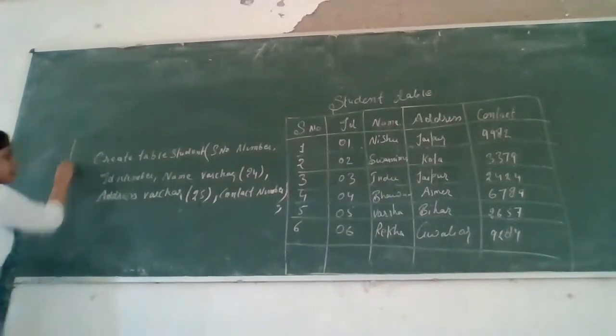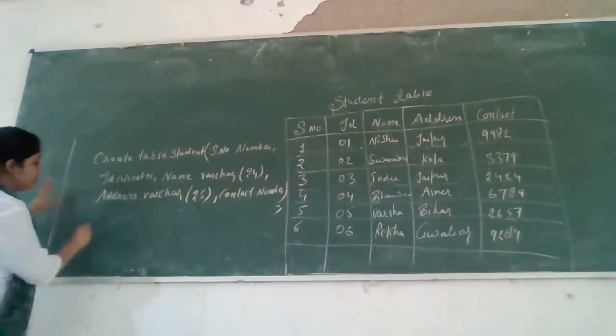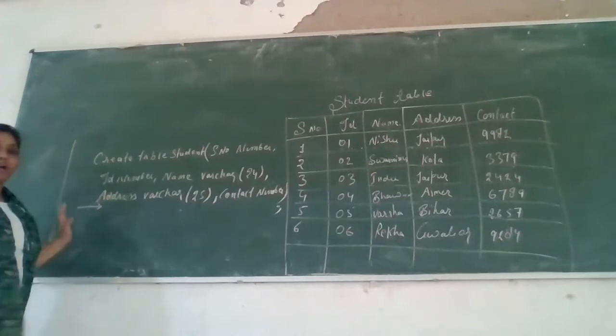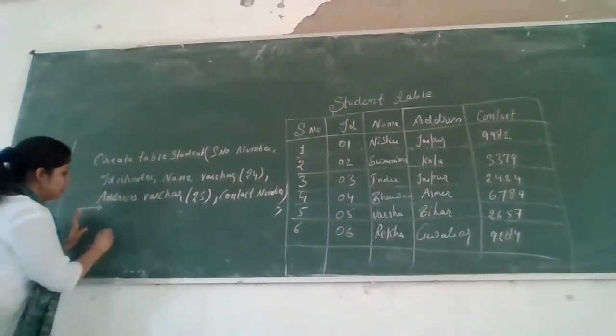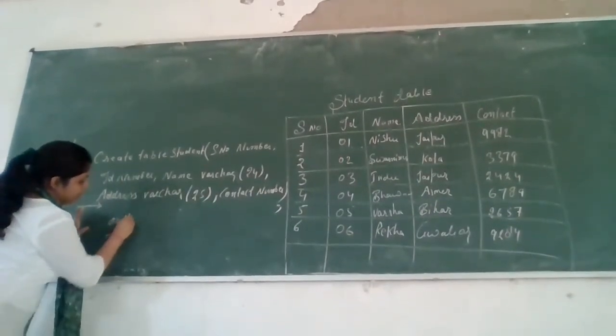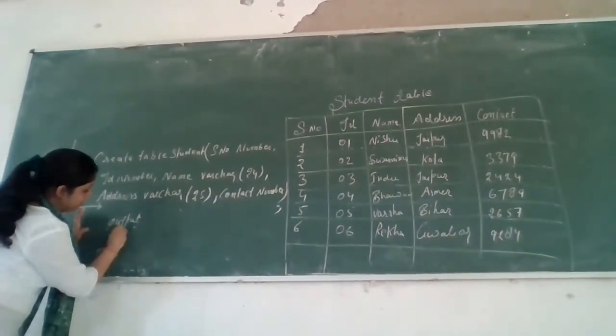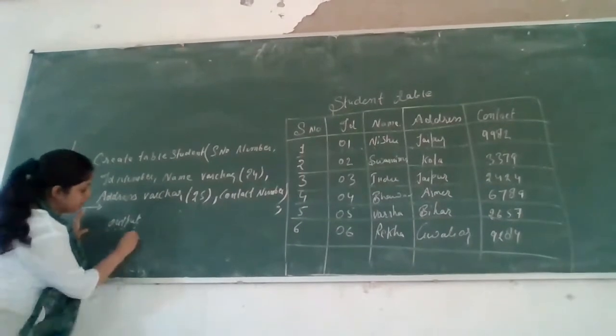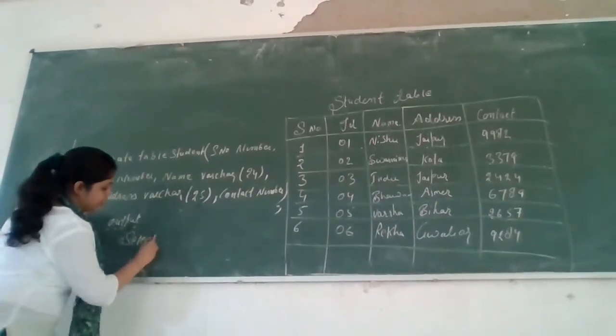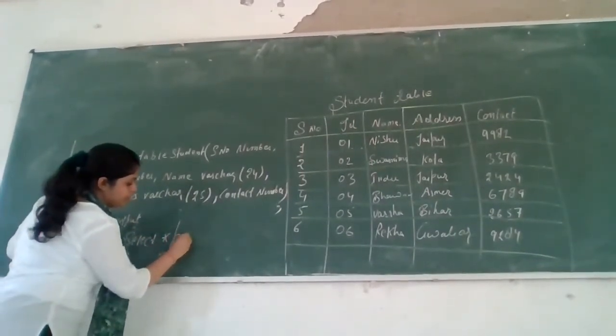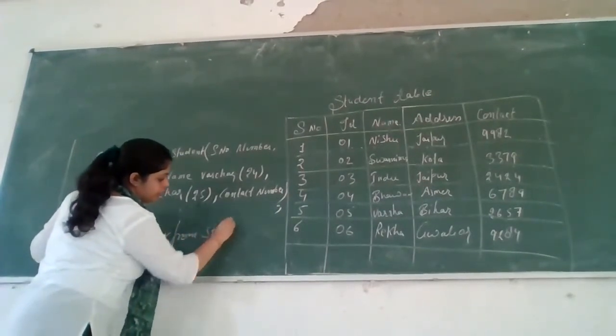After creating the table, you want to see your output. How can you check your output? Select asterisk from student.